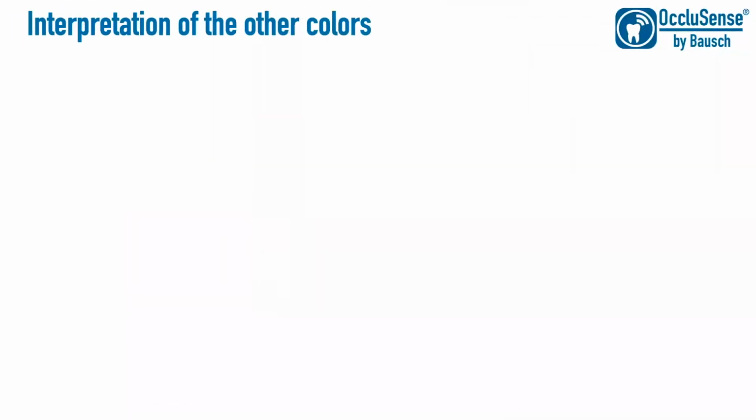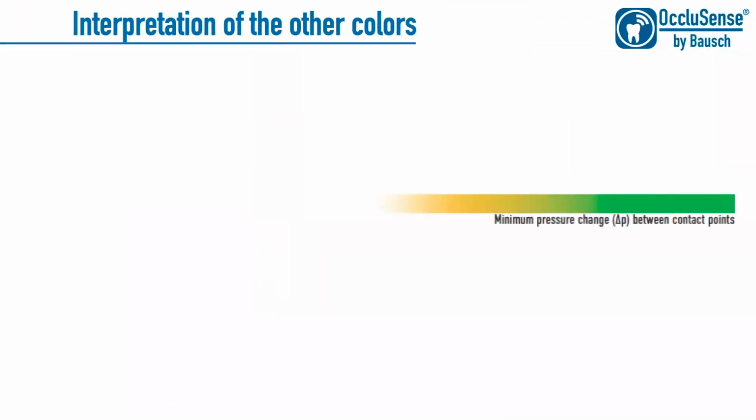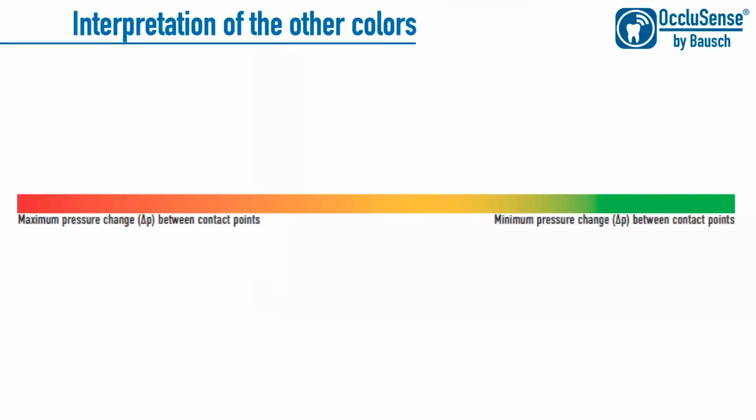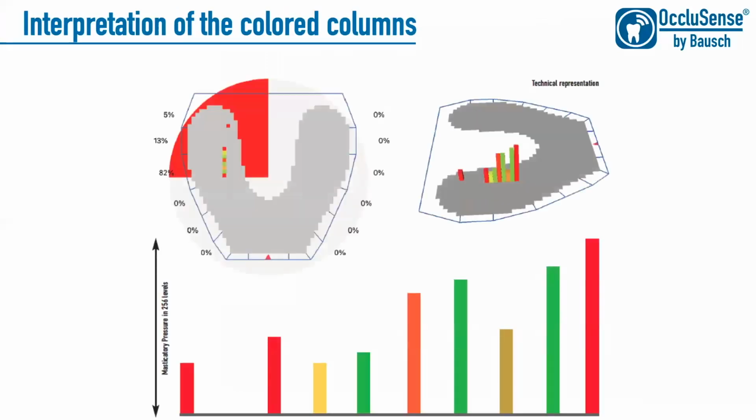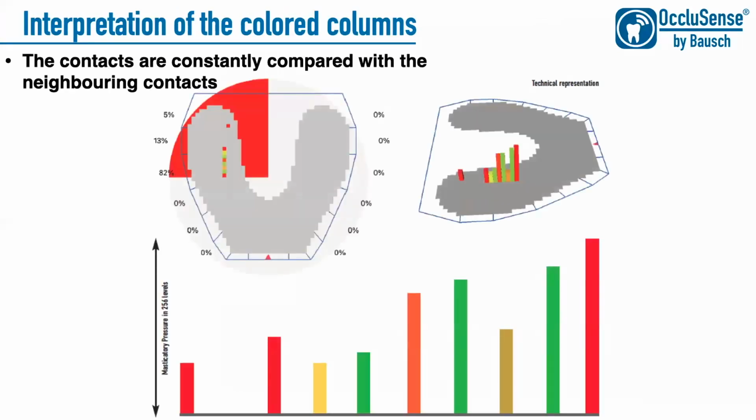Red does not mean alert. It simply indicates the large pressure change compared to adjacent contacts. So it doesn't mean you necessarily need to do anything. And as said, these contacts are always being compared to one another and are displayed accordingly.